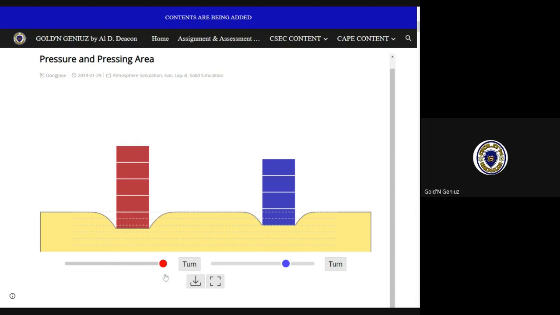If I increase the force, the pressure increases. It's like pressing a button. If you do not apply enough force, that button will not press. So the more force you apply, the more pressure you apply to the button. Are you all understanding me now?